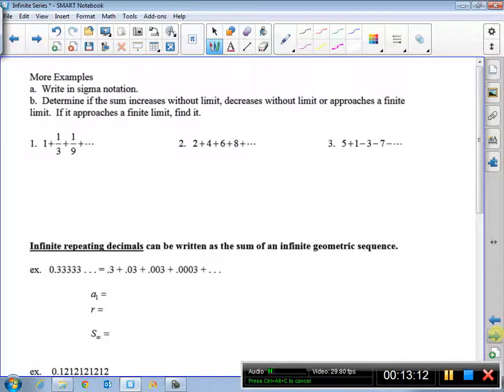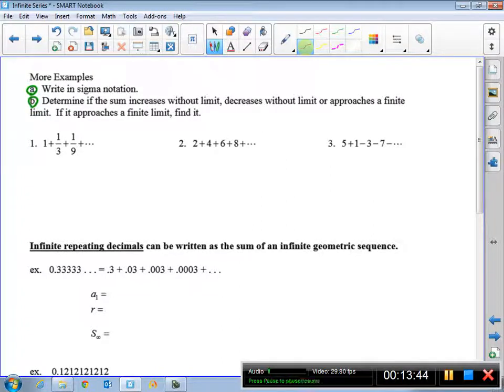Let's try another example here. This first one, well, first it says write in sigma notation. We can do that. And then second, determine if the sum increases without limit, decreases without limit, or approaches a finite limit. So let's see. We have to identify them first as geometric or arithmetic, because we know the arithmetics have no limit.